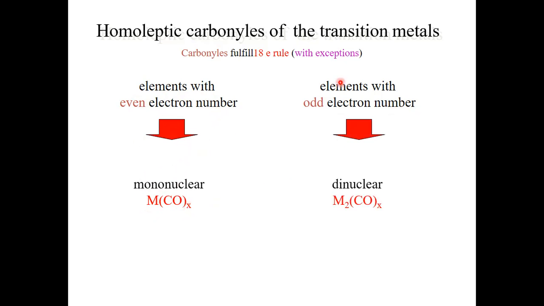However, when we have metals with an odd number of electrons, then 2 17-valence electron fragments dimerize to form a carbonyl with the formula M2(CO)x. There's one exception, which is the vanadium hexacarbonyl, which does not dimerize, and we will understand shortly why this is.